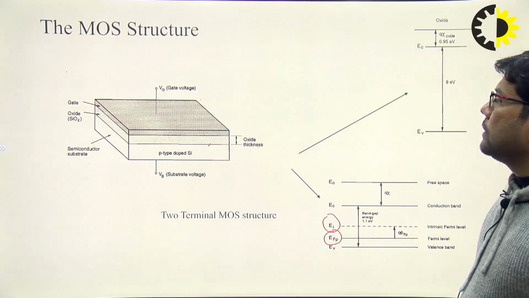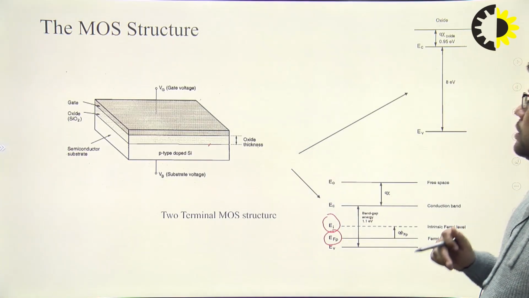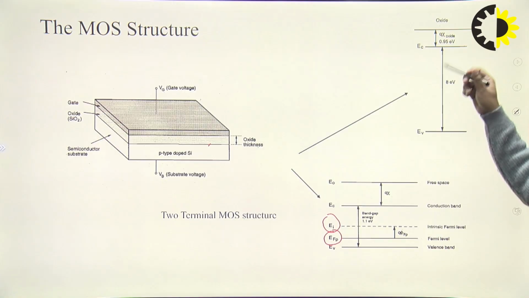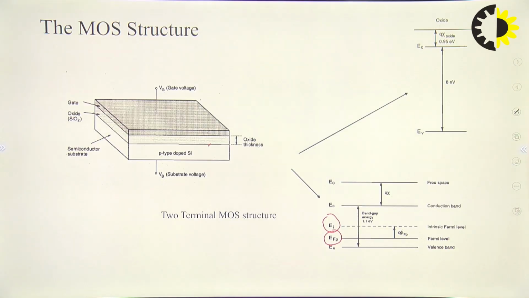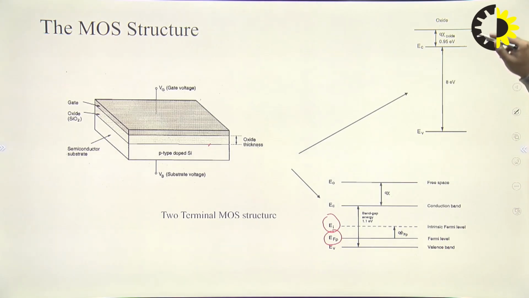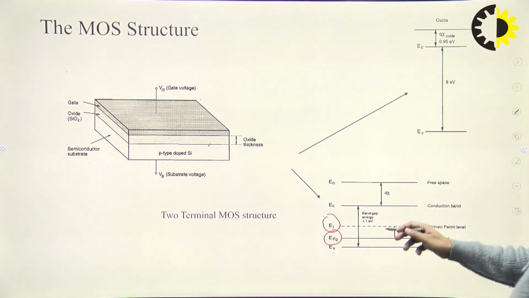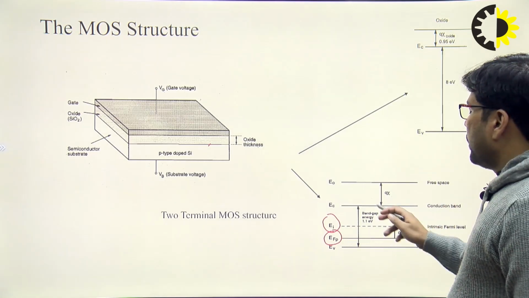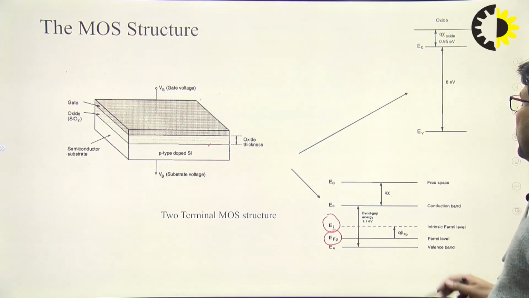Next is the energy band diagram we have for the insulating layer, that is the SiO2 layer. So you can see there is a huge difference in between valence band energy and conduction band energy. Also we can say the forbidden gap is a very huge amount, that is 8 electron volt, compared to the semiconductor material where we have 1.1 electron volt.